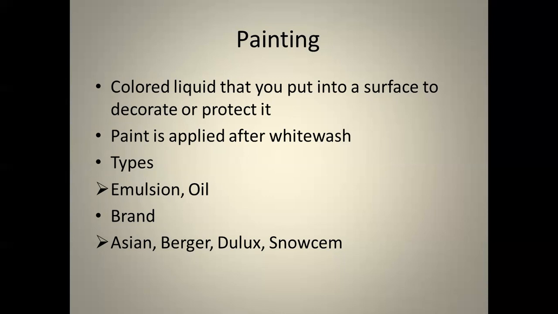It can be used for internal as well as external painting and it is costly. Oil paint is oil-based, can be used only for internal painting and it is cheap. The brands in painting are Asian Paints, Berger, Dulux, Snowcem, Nippon, etc.